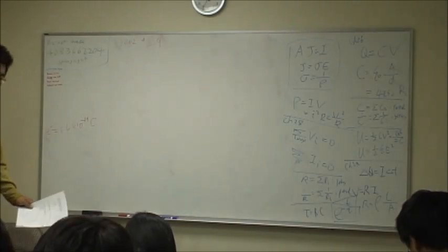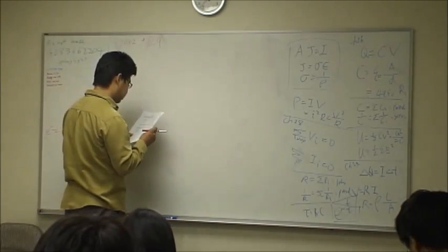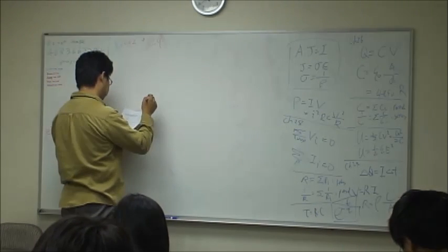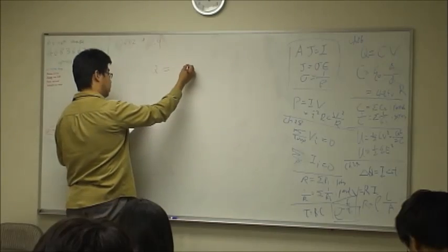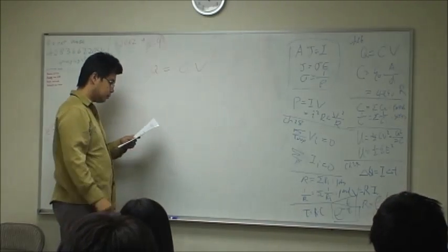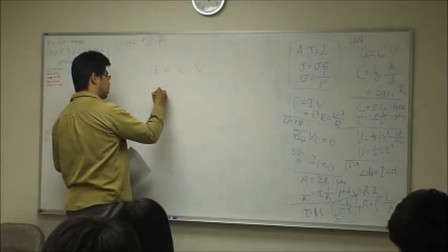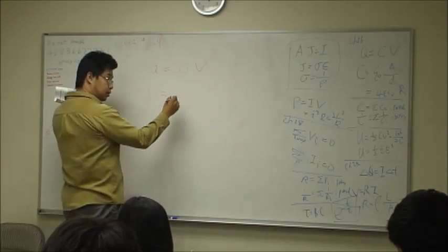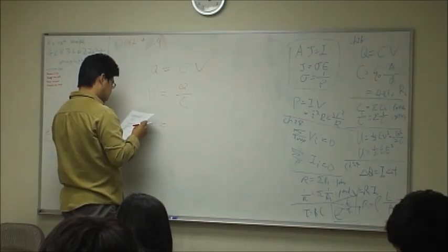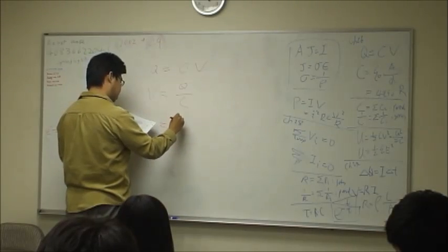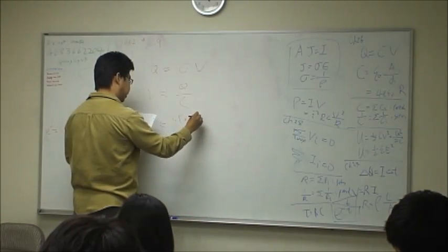Okay, this one shouldn't be that hard, so let's just start. E, okay. Q equal to C times V, right? I want to ask voltage. Voltage equal to what? Q over C, right? Q is what? 1.5 times 10 to the 12 electrons.